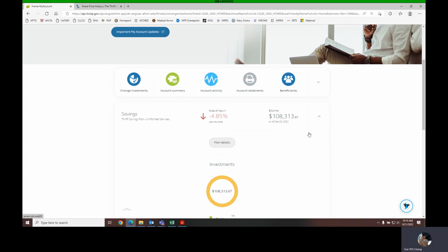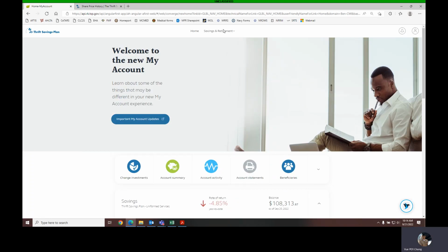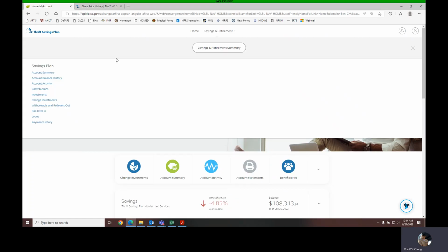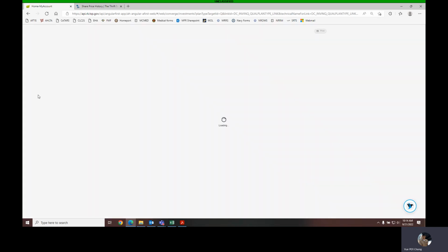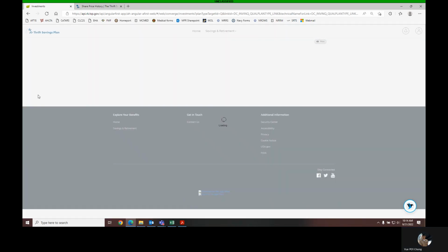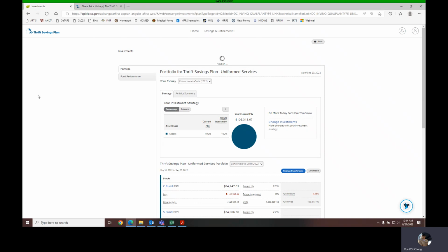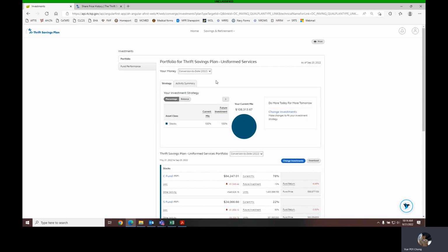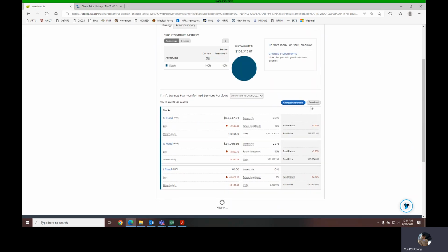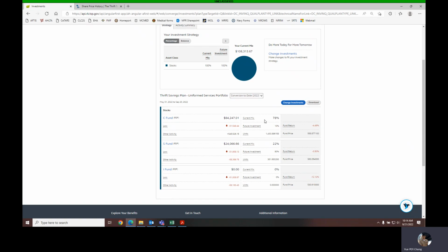So what you want to do first is highlight over this part and take a look at your investments. This will break it down to see what you have current to date and what your money is going into. So let's say you put 15% of your pay into TSP.